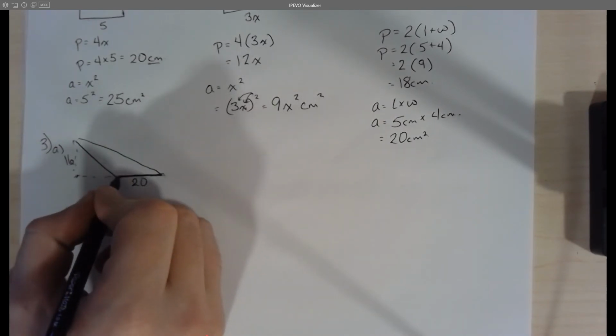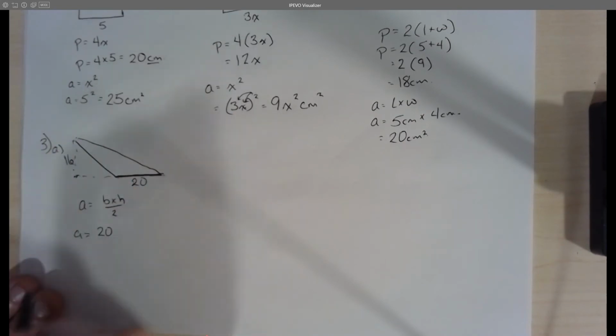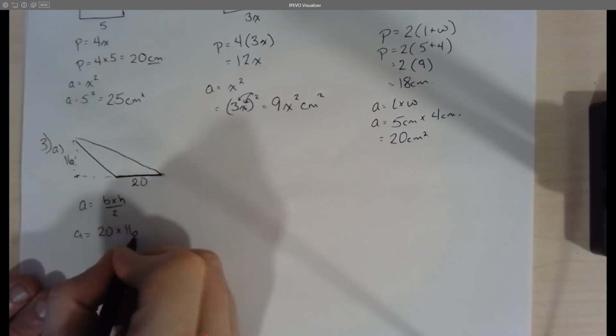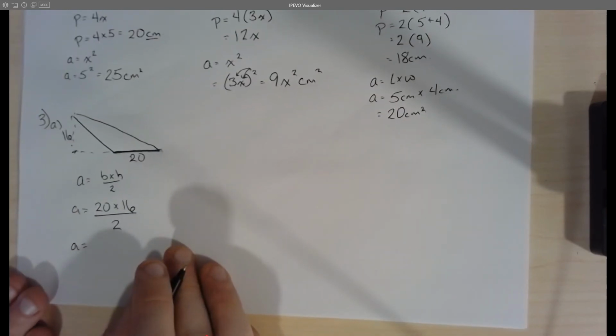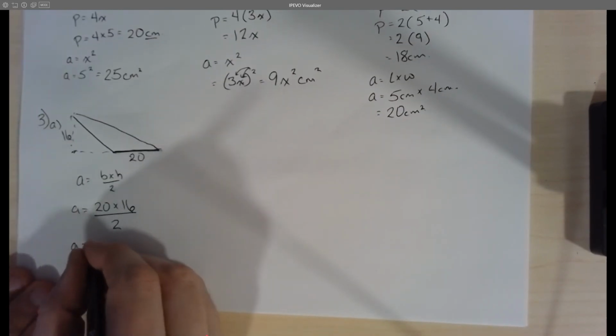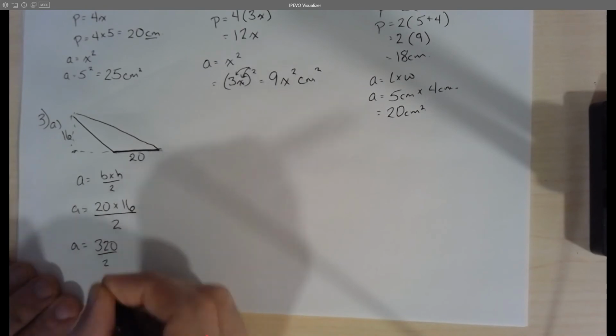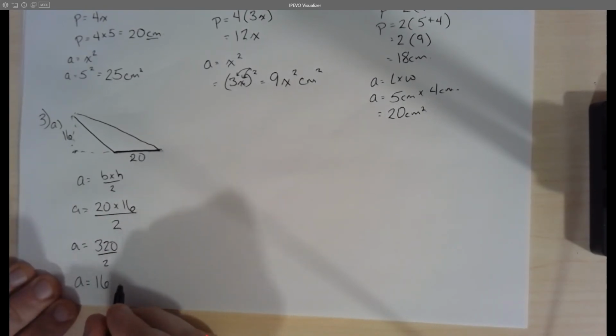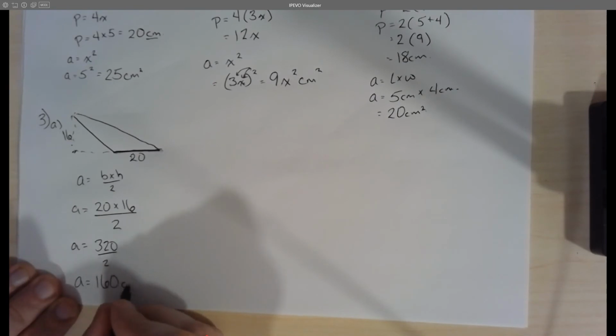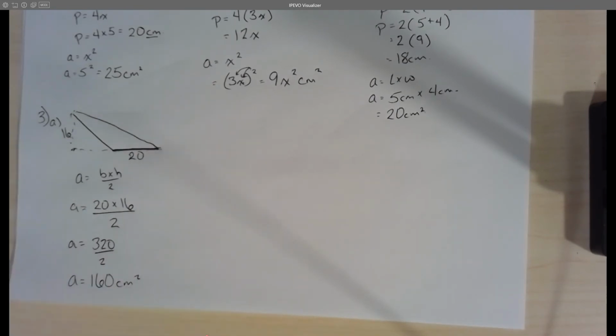The height is the distance from the bottom of the triangle to the tip of the triangle, which is 16, divided by 2. Area equals 20 times 16, which is 320, divided by 2, which gives us an area of 160 centimeters squared for that particular one.